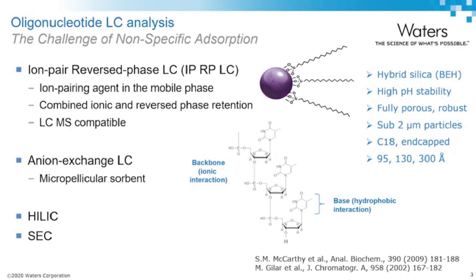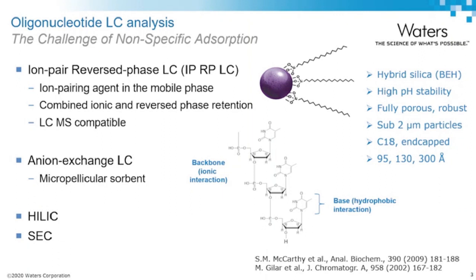But the ion pair reverse phase is successful because we have developed excellent methods and solvents that are stable in high pH, the conditions that the analysis is performed. They are fully porous, hence they can be loaded with a lot of sample.